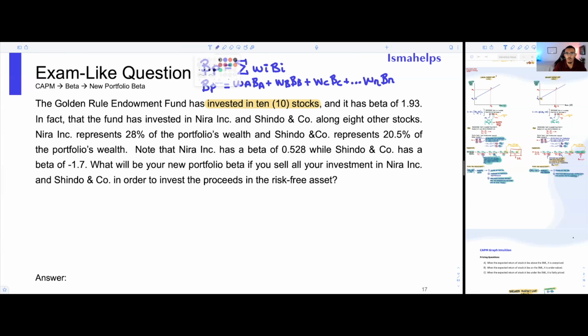To give you a further perspective, if we only had one asset in our portfolio, it would simply be equal to the beta of that one asset, because it'd be 100%, so 1, times the beta of that one asset.